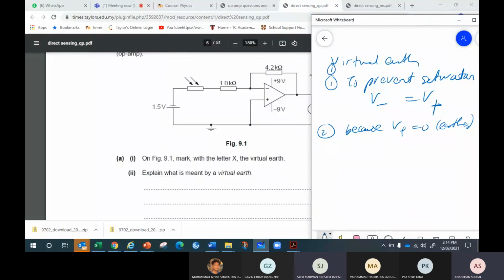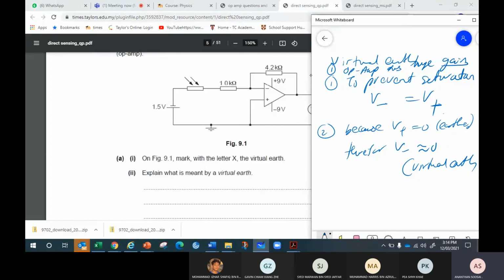The most important point is the op-amp has huge gain. That's the first one. To prevent saturation, V minus must be same as V positive. Because V positive is 0, therefore V negative must be about 0, call virtual. So that's the answer.